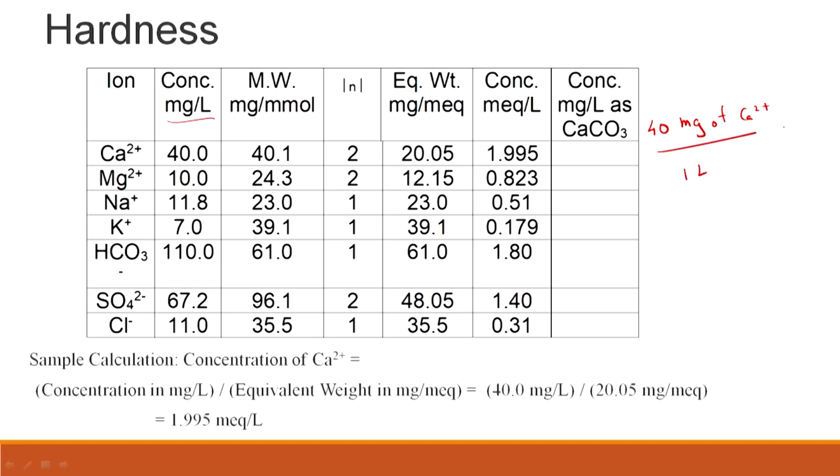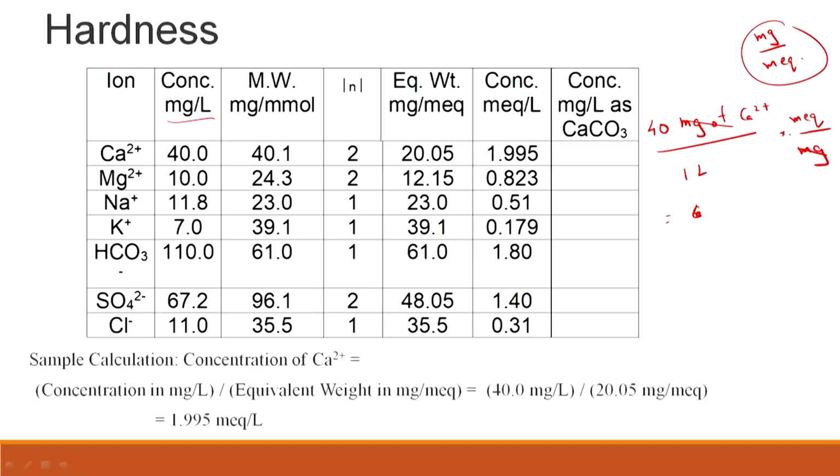The units here are milligrams per milli equivalents. So obviously, you need to divide by this particular one. When I divide, I'll have milli equivalents per milligram, and milligram of Ca2+ cancels out.